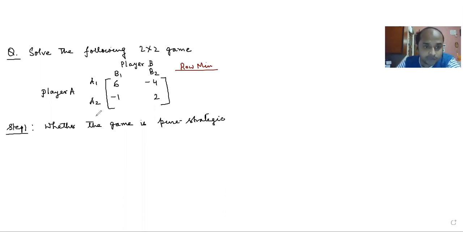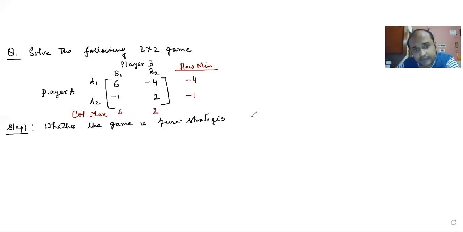That may be a trick from the part of the examiner or question setter. So it is always good to check row minima and column maxima before you proceed. So row minima in this case is -4, here it is -1, and column maxima here is 6, and here it is 2.